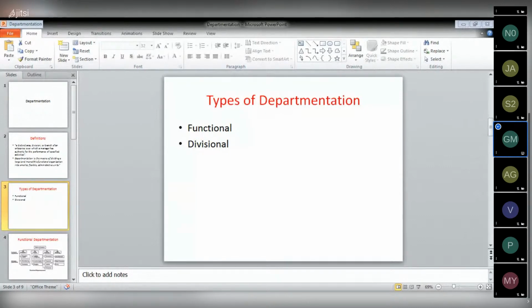So here, what are those functions? For example, grouping of activities on the basis of similarities of functions. For example, marketing. All the marketing personnel, marketing activities, marketing-related individuals are grouped and named as the marketing department.